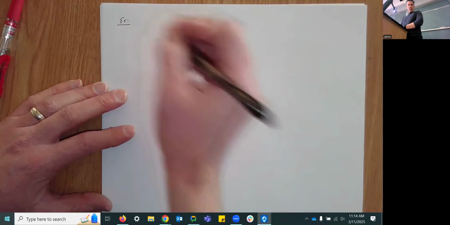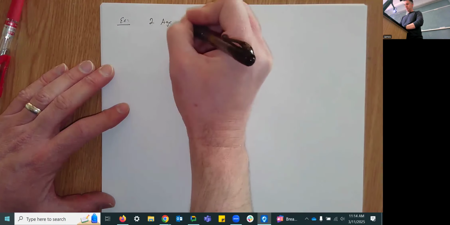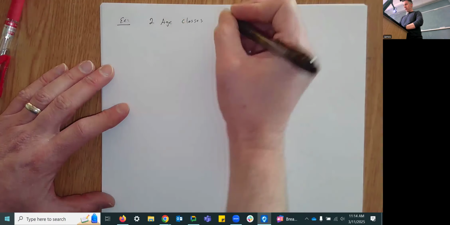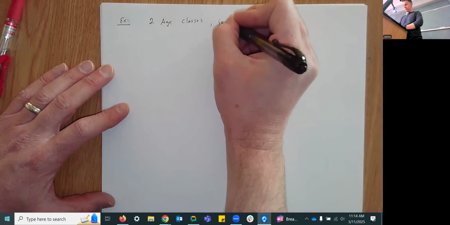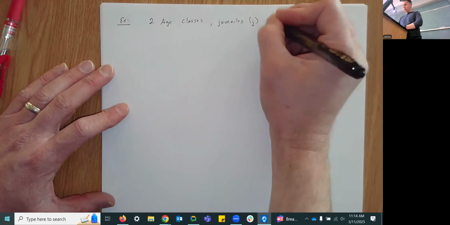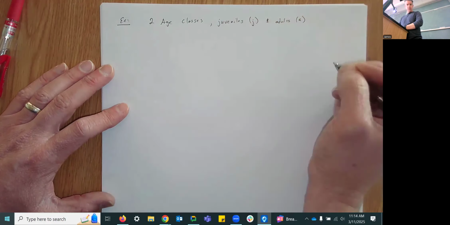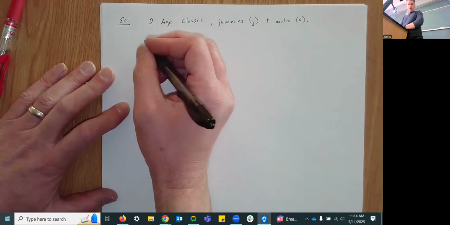Example. We are studying a population divided into 2 age classes: juveniles and adults. Juveniles will be J, and adults will be A. And here is the setup.